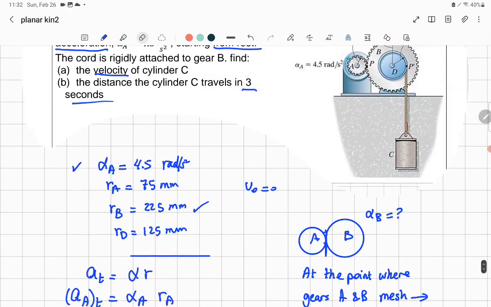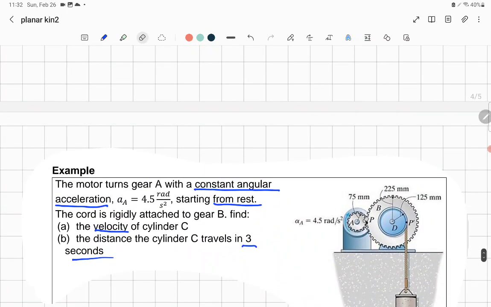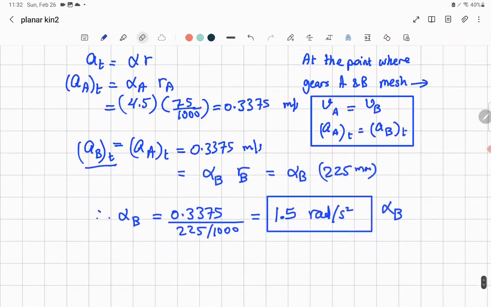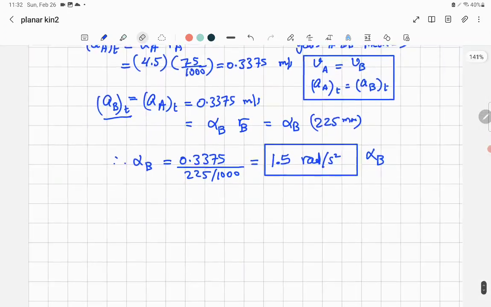That's important. You see, it's different between the two gears that mesh. You talk about linear components, which is the linear velocity V, and the tangential component only. But when you talk about things rotating on the same axis, their angular quantities are equal. Okay, that's an important observation.